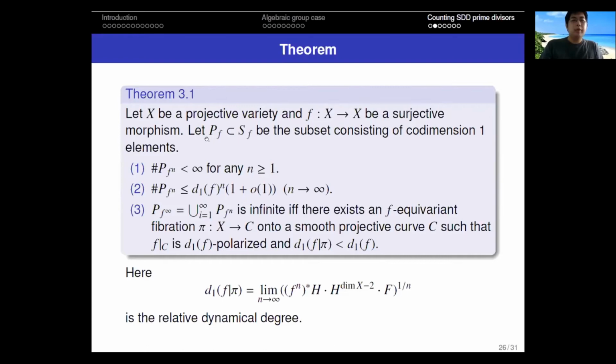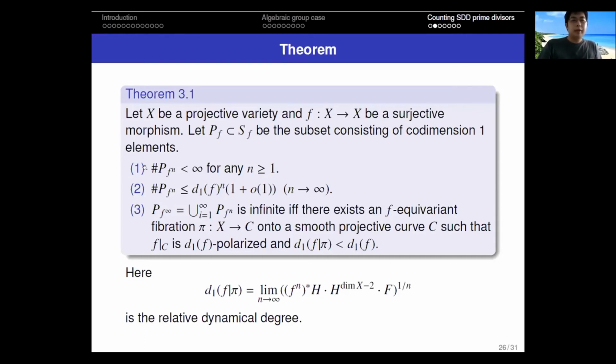We denote by P_F the subset consisting of codimension 1 elements. So this is just prime divisors which are invariant and have small dynamical degree.